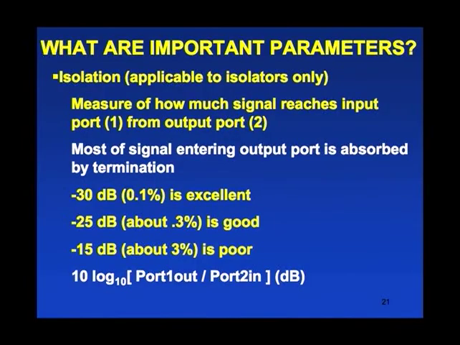And it's not meant to have very much at all for an isolator. And so if we get minus 30 dB, which I have here, which is 0.1%, that would be very good. Just a tiny amount, a tiny fraction of the signal coming back through the wrong way. And obviously minus 15 dB would not be so good. And here's the simple formula for calculating the isolation.